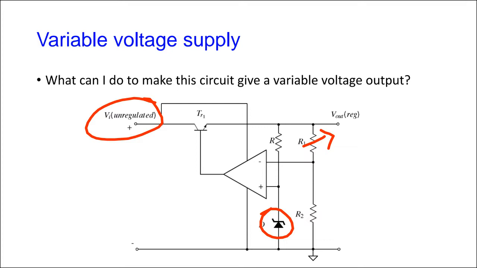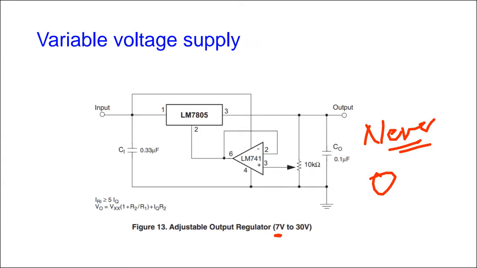And one other advantage of this is that, let's say I have an application where I need something like 100 volts DC at maybe 100 milliamps. The integrated circuit regulators like these, you're not going to get any of these that is going to give you a regulated value of 100 volts.